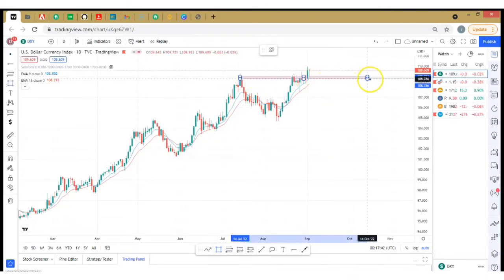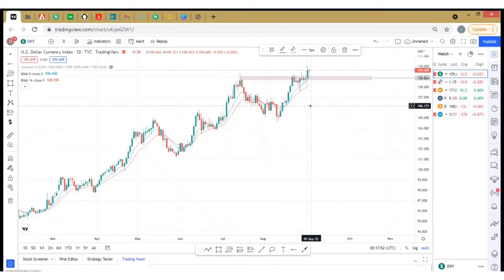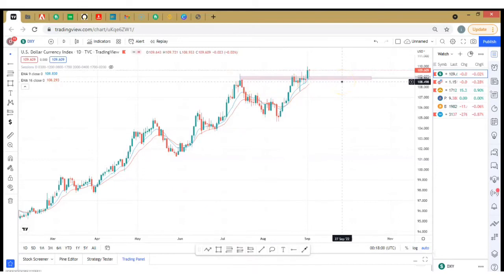Like for this week approaching, the dollar will keep going up. So if the dollar will keep going up, I want to be buying. So now I have drawn my supports on the daily time frame.